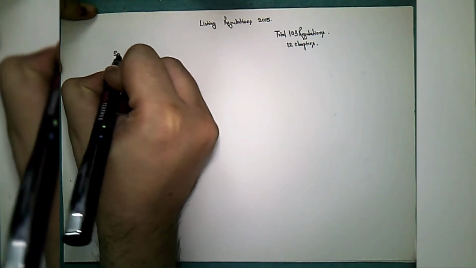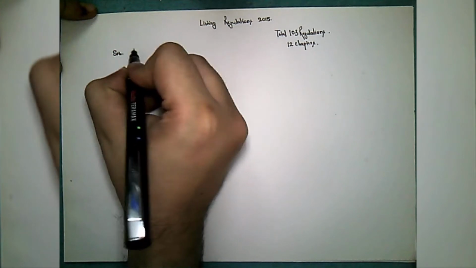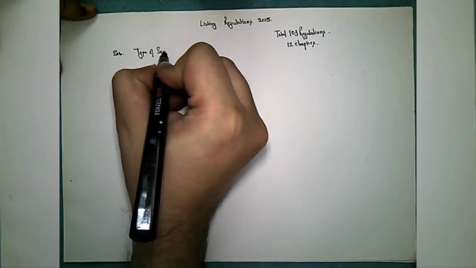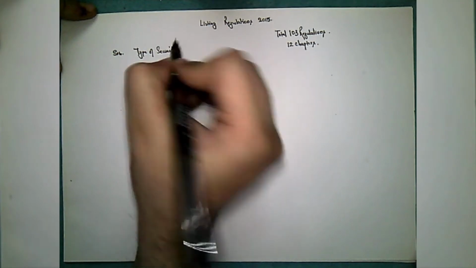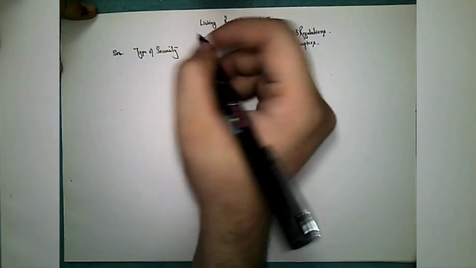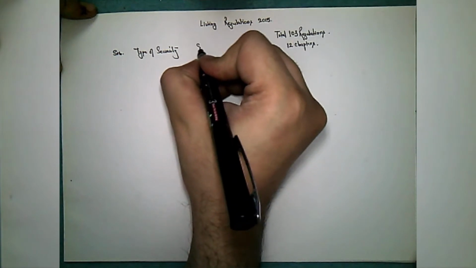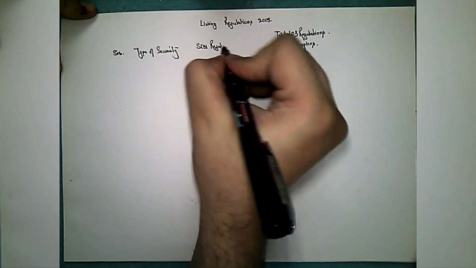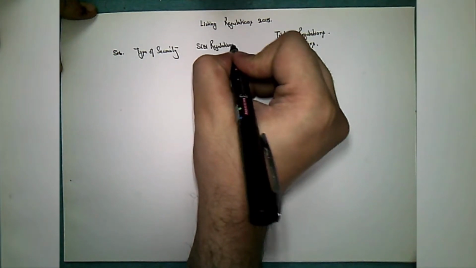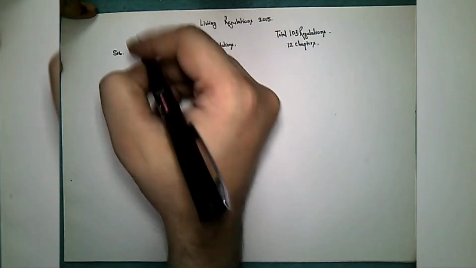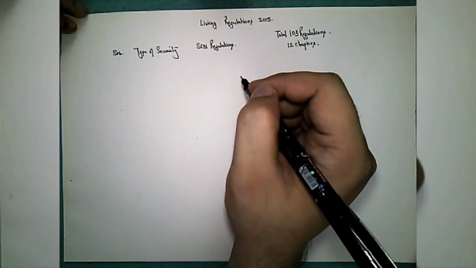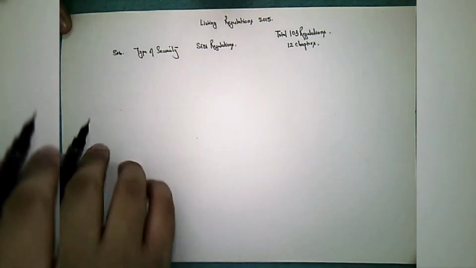First thing first, let's bifurcate the serial number, type of security, and then what SEBI regulation applies. So what I'm going to write along with this, LODR has to be complied with. Let's just get this started.